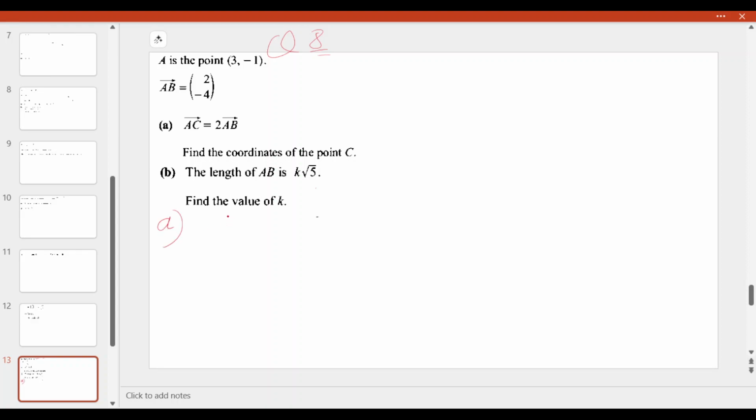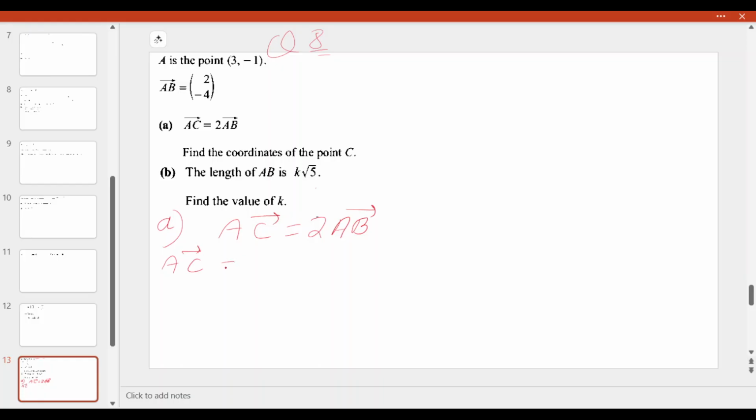To do this question, we are given vector AB in column form (2, -4), and they have said that AC is equal to 2 times AB. We have to use the given information to solve our question.